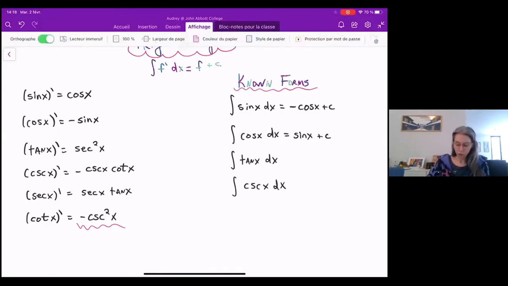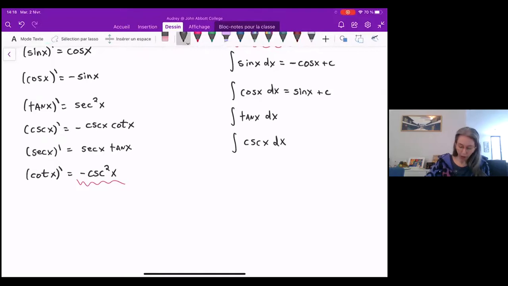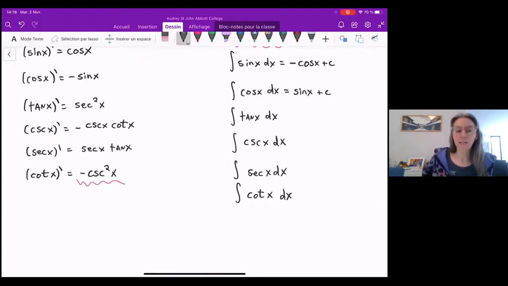Again, no, can't use the derivatives. It's not over there. Can't do it to find the integral of secant x. And then my last one is cotangent x. So actually these four right here, I can't come up with a known form by taking those derivatives over there. That said, I do have four extra known forms for integrals that I should just be able to look at and know that came from those derivatives over there.